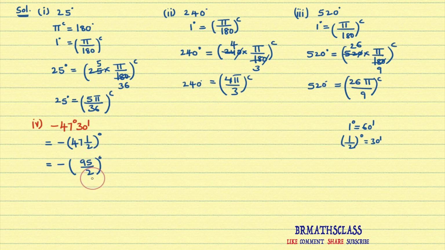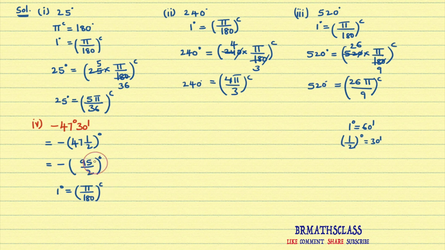I hope you are understanding. 47 degrees 30 minutes is nothing but 95 by 2 degrees. Now we need to convert this 95 by 2 degrees into radian measure. We know that 1 degree equals pi by 180 radians.